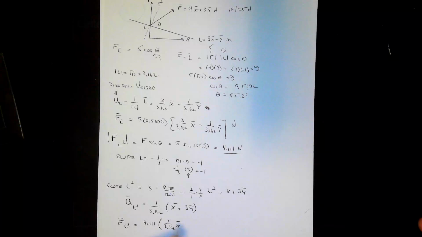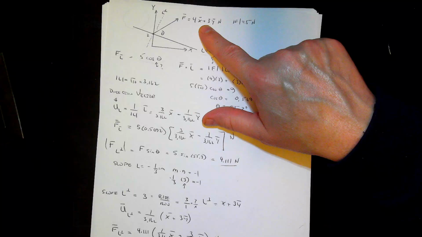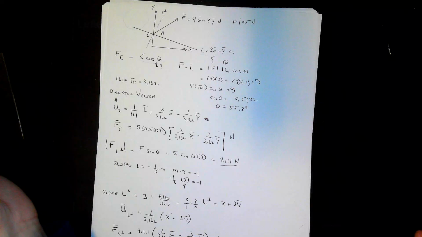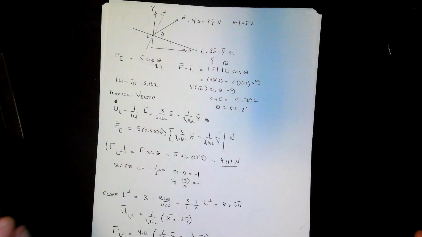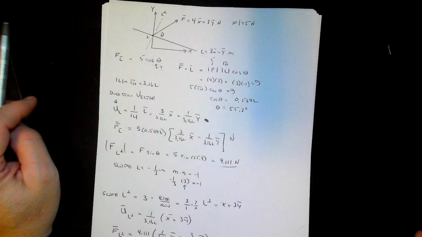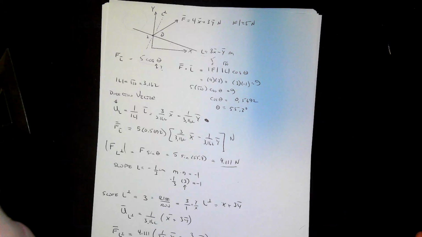All right? So 9, and so we could now look at this and go, okay, 5 times the root of 10 times cos theta must equal 9. If you solve for that, you'd get cos theta is 0.5692.